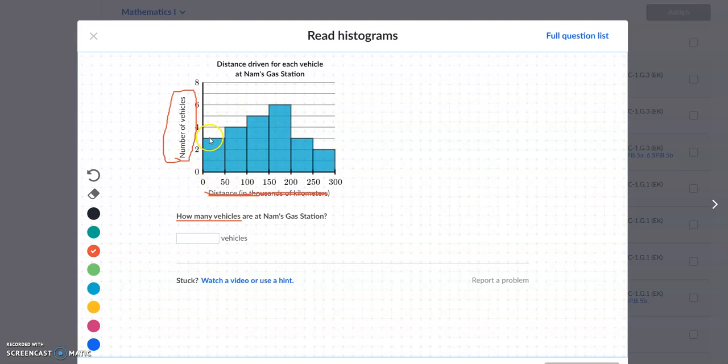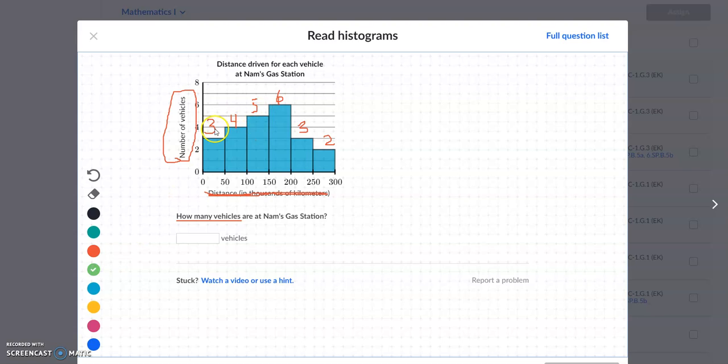This first bar has a height of 3, so that's 3 vehicles. This next bar has a height of 4, so that's 4 vehicles. This bar has a height of 5. This one is 6. And then this one drops all the way back down to 3 again. And this one on the end has a height of 2. So when it says how many vehicles are there, we have to add together all of the totals for the vehicles.